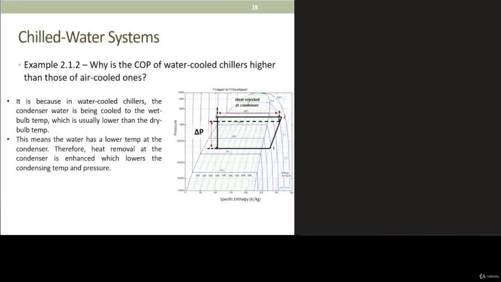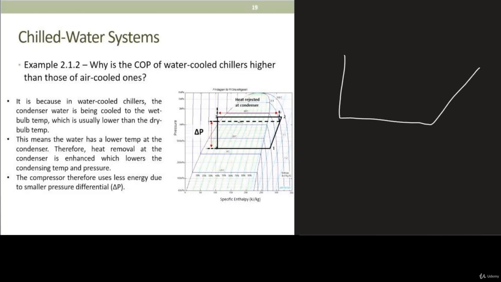So your compressor will use less energy because there's a smaller delta P. The difference in pressure, over this trapezium shaped thing, we call the pressure head. If the pressure head is low, your compressor doesn't have to work so hard to bring it to this pressure. So the flatter the shape, the better. If this line is able to shift downwards because of lower condensing temperature, you will have a better COP.